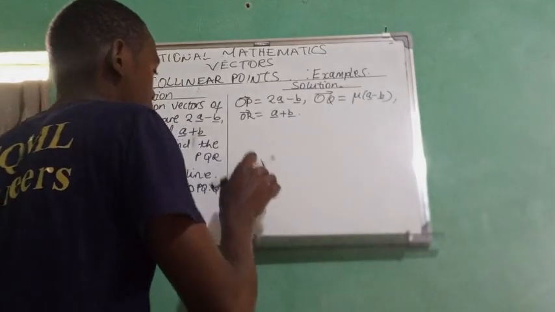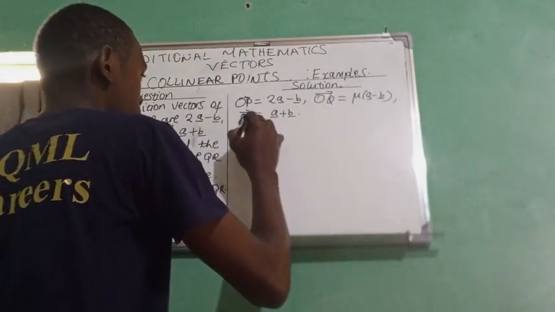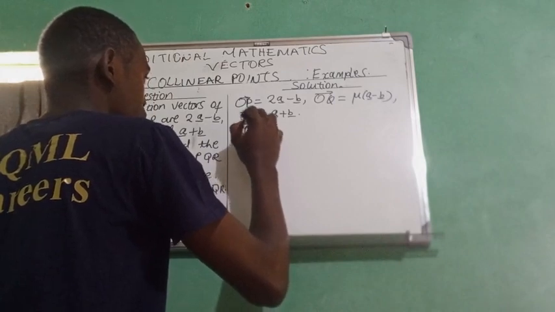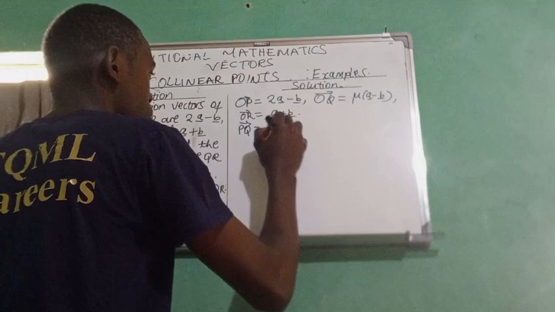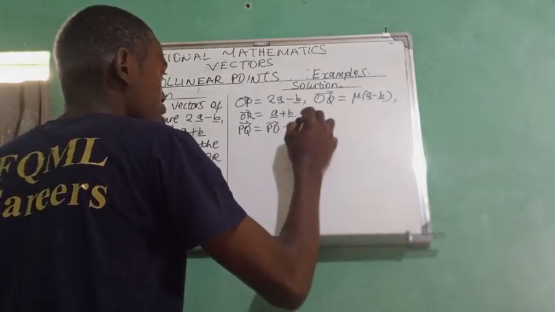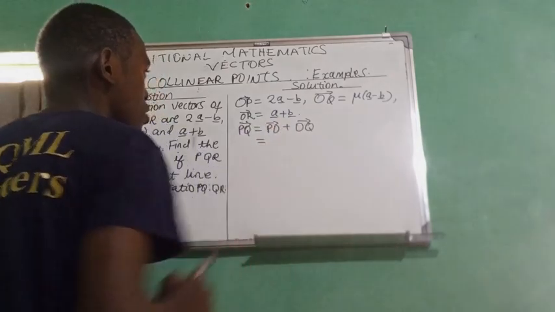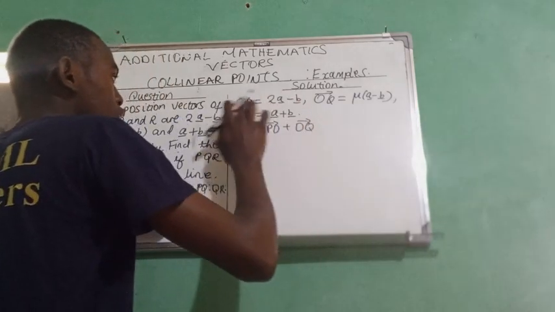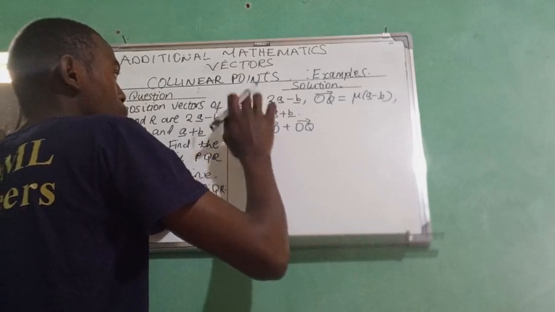PQ will be equal to PO plus OQ. PO means we are going in the opposite direction of OP.